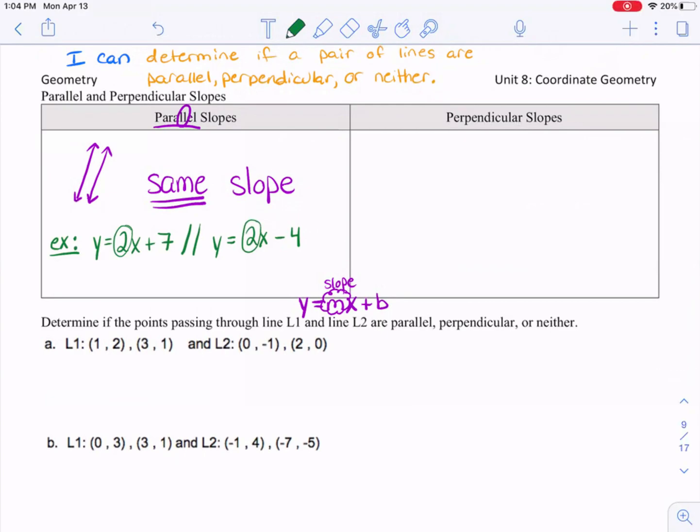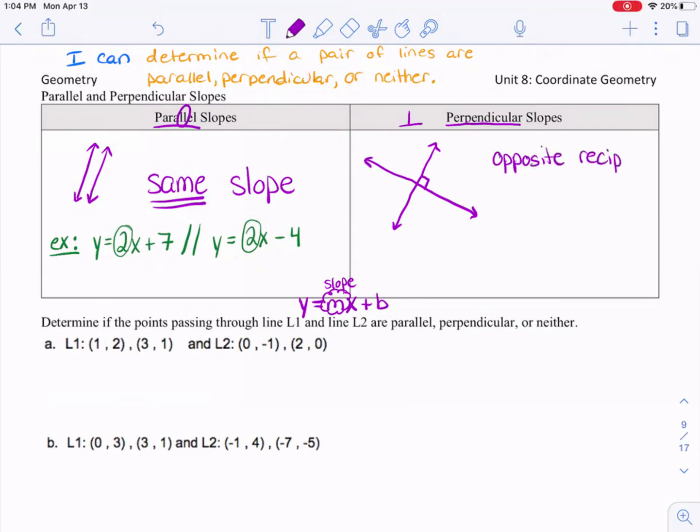Now we're going to go on to perpendicular slopes. So perpendicular slopes make what I think looks like a capital T, upside down. Perpendicular slopes make right angles, and they are opposite reciprocals of each other.